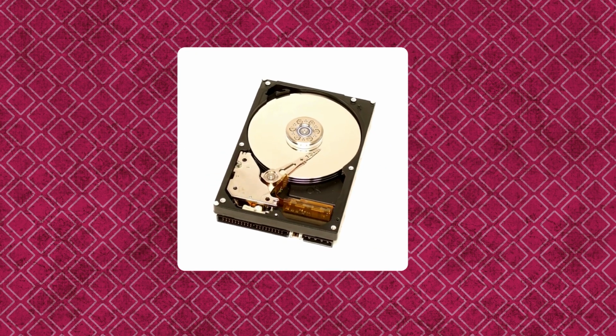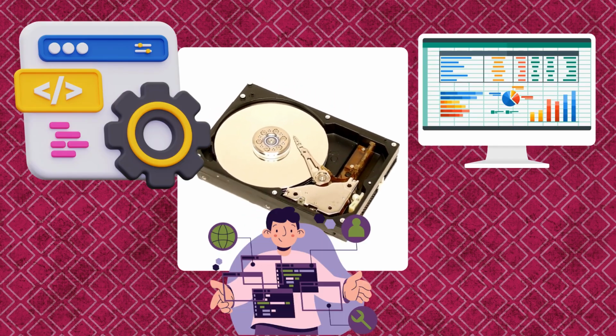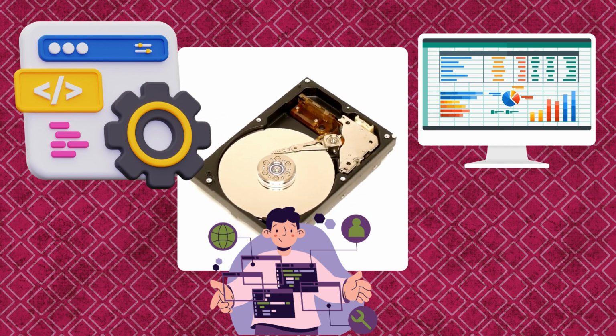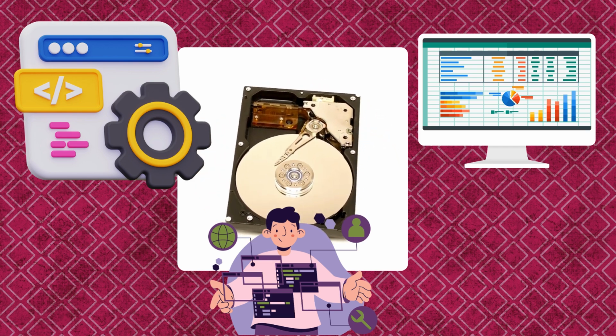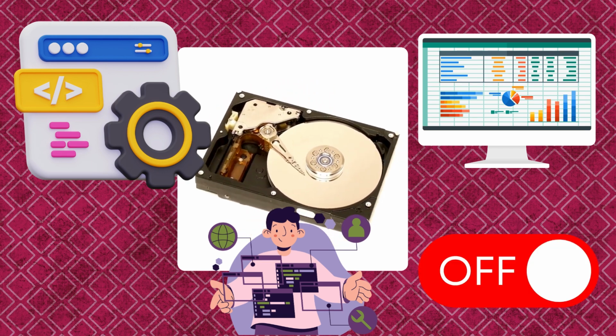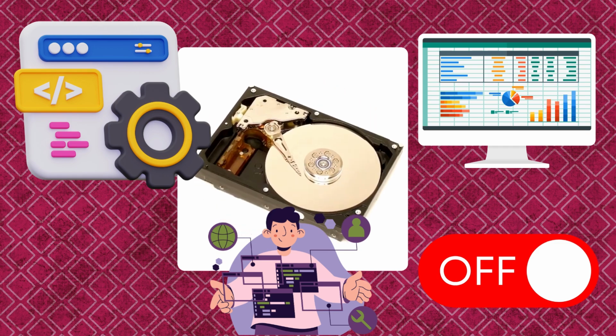Hard drive. The hard drive is where your software, documents, and other files are stored. The hard drive is long-term storage, which means the data is still saved even if you turn the computer off or unplug it.